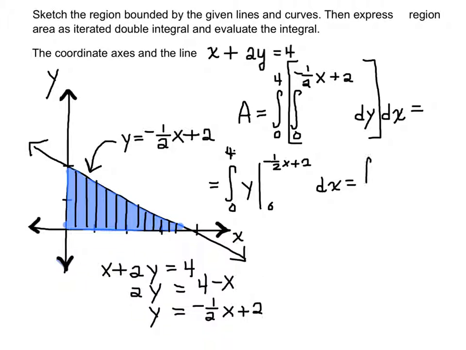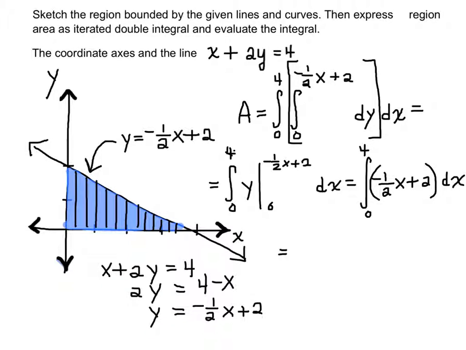That means we're going to integrate from 0 to 4, and the fundamental theorem of calculus part 2 is f of b minus f of a. So here's our f of b, and our minus f of a, well, our f of a is, we'll put a 0 in for y, and then we have dx.